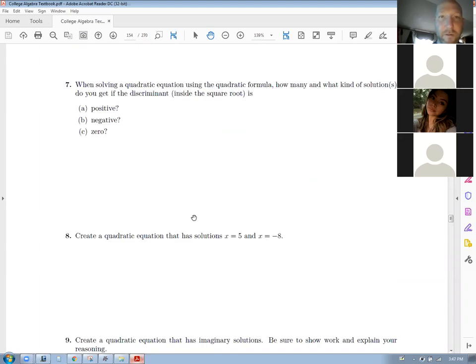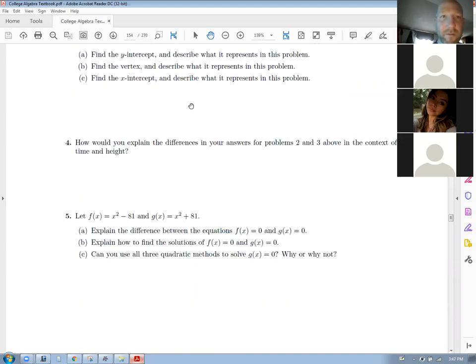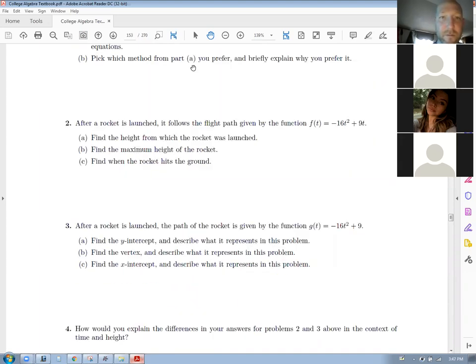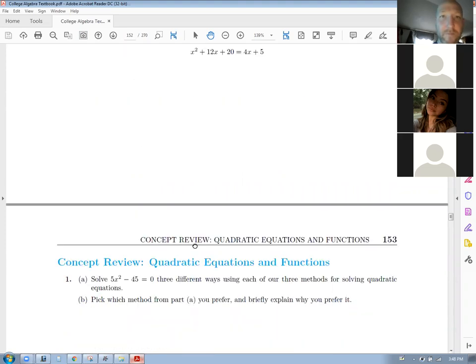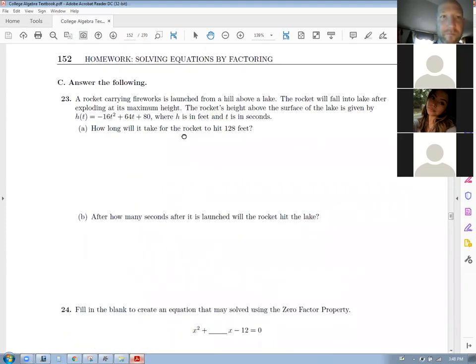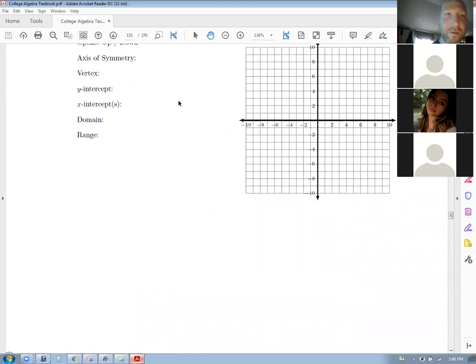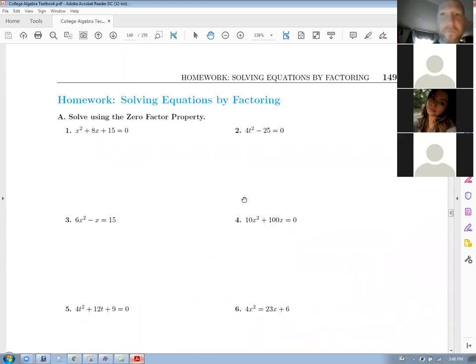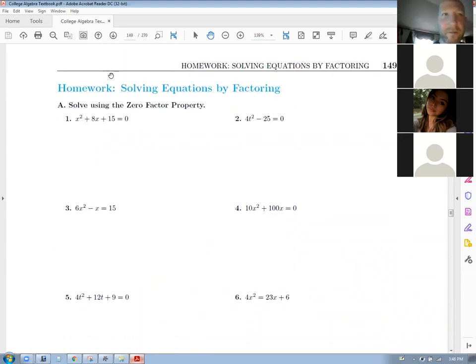Keep going. There's some homework. All right, page 149.